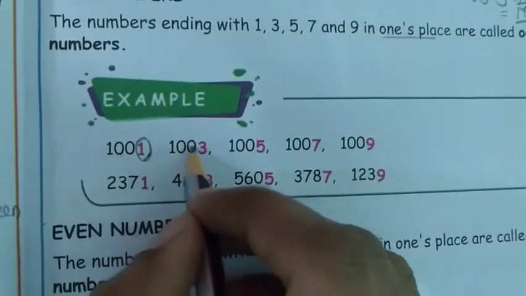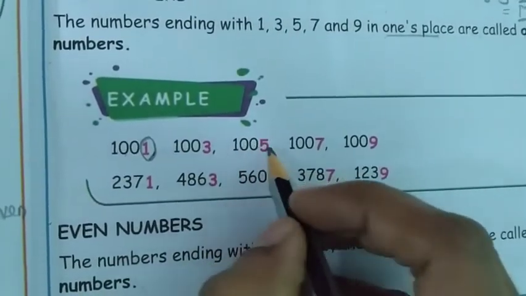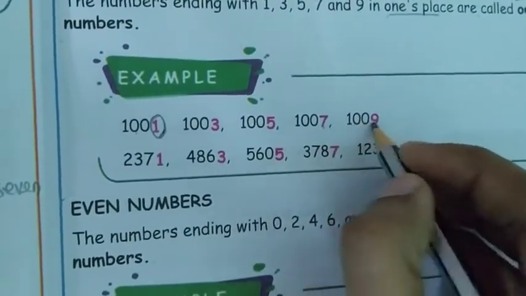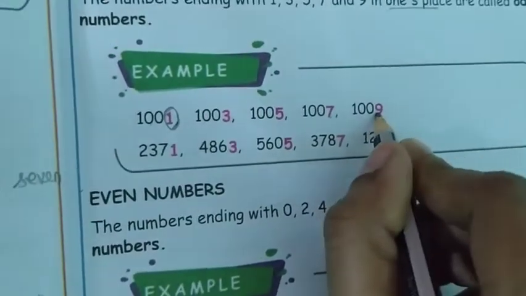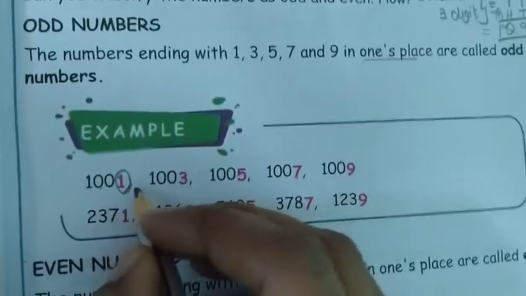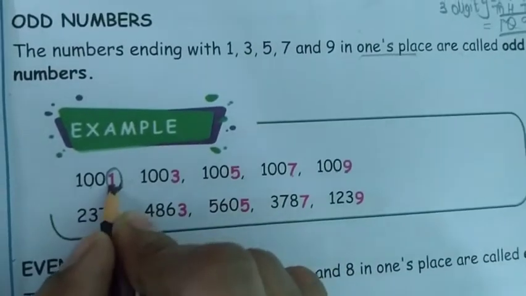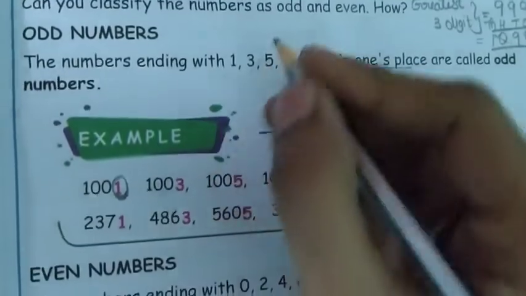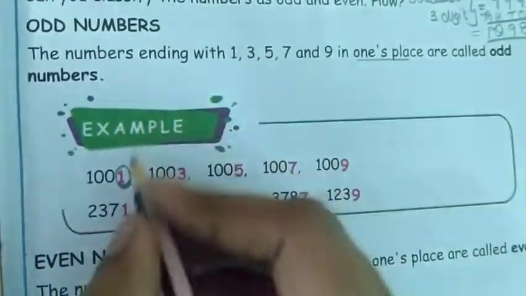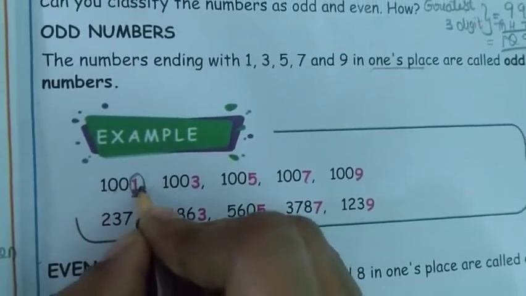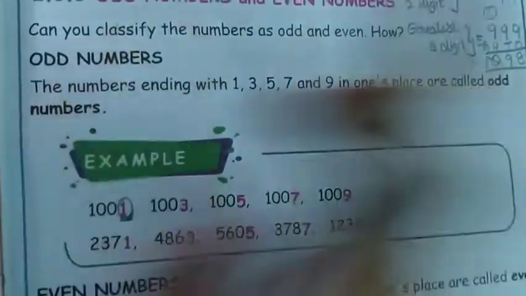For example, here see 1001, 1003, 1005, 1007, 1009. Here we look at the last digit. What is the last digit? 1. 1 is an odd number. So 1001 is also an odd number.